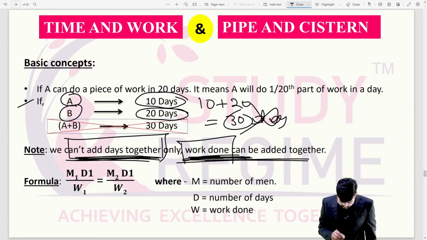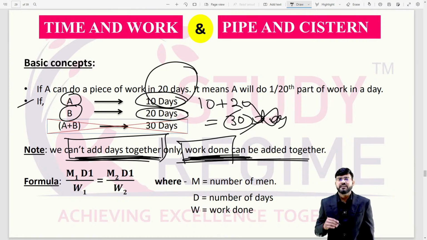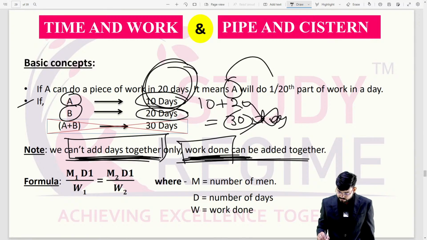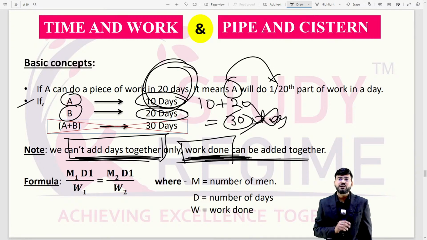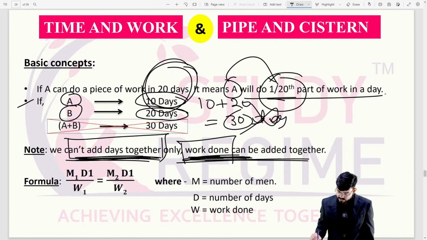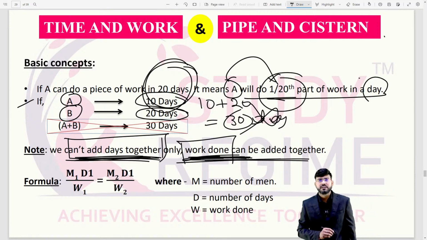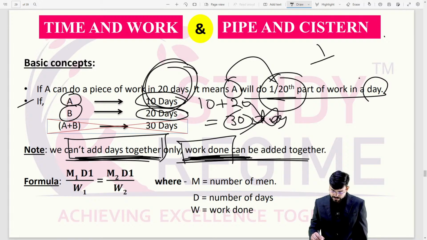One more thing I would like to tell you: if A can do a piece of work in 20 days, that means A can finish a particular amount of work in 20 days. Then it means A is doing 1/20th part of the work in a day. If I multiply this work per day by the days, you will get 1.